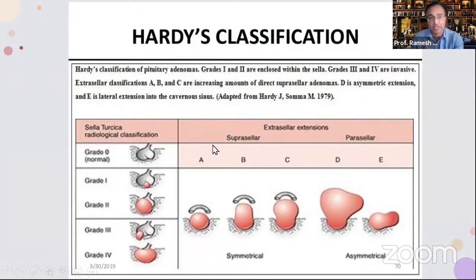There are classifications based on the extension of the tumor into the suprasellar space, depending on how far it's extending, whether it's extending up to the third ventricle or going to one side, to the frontal lobe or temporal lobe. You can grade them. And for the sideways extension, we often use the Knosp classification.